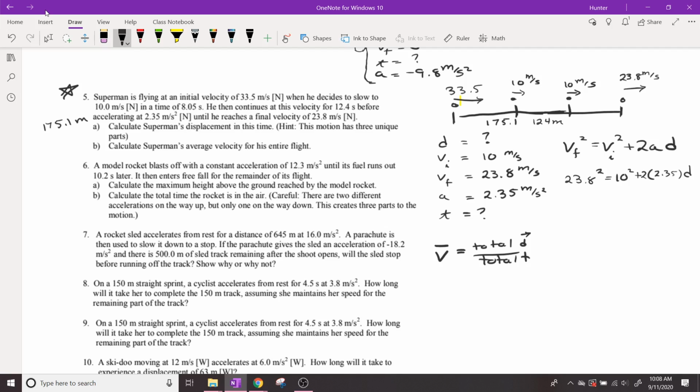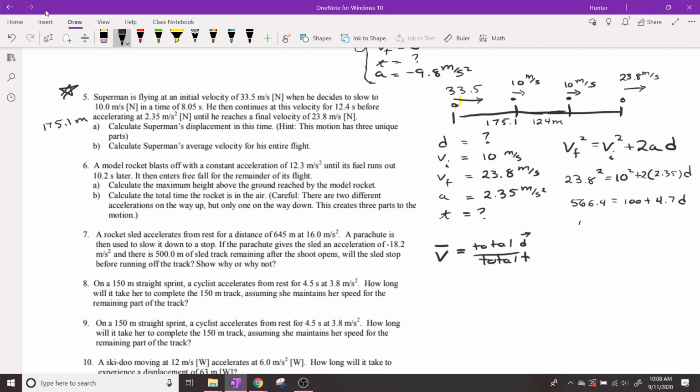So I'm going to do 23.8 squared. That's 566.4. 10 squared is 100. 2 times 2.35 is 4.7.